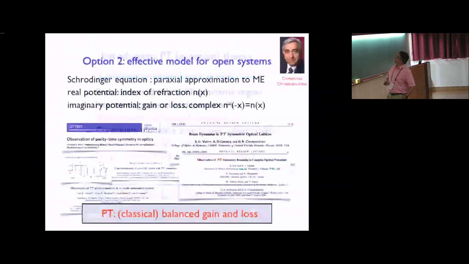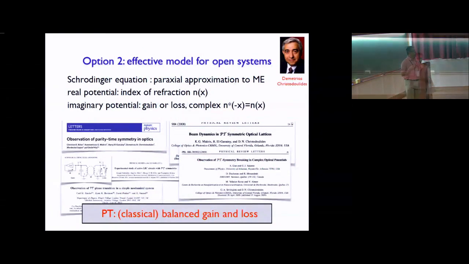The second option came about from optics, by Demetrios Christodoulides and his large group of co-workers. Their observation was that the Schrodinger equation is the same as the paraxial approximation of the Maxwell equation when light is propagating in waveguides.